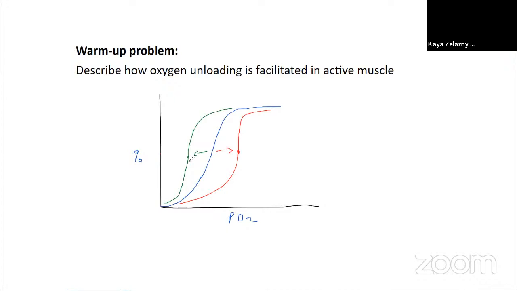So a lot of the changes to the affinity of hemoglobin for oxygen, we've talked about pretty much all of them, can be understood as responses to active tissue in order to get it more oxygen. So what we want to do in order to get our active muscle more oxygen is make it easier to unload oxygen from hemoglobin.